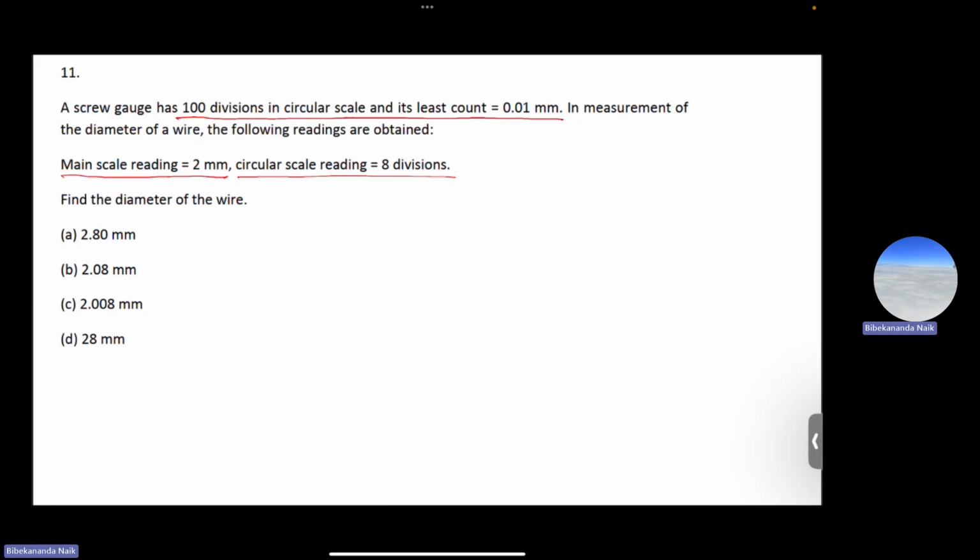Options are option A 2.80 millimeter, option B 2.08 millimeter, option C 2.008 millimeter, and option D 28 millimeters. So this question is based on screw gauge, and it shows the circular scale.